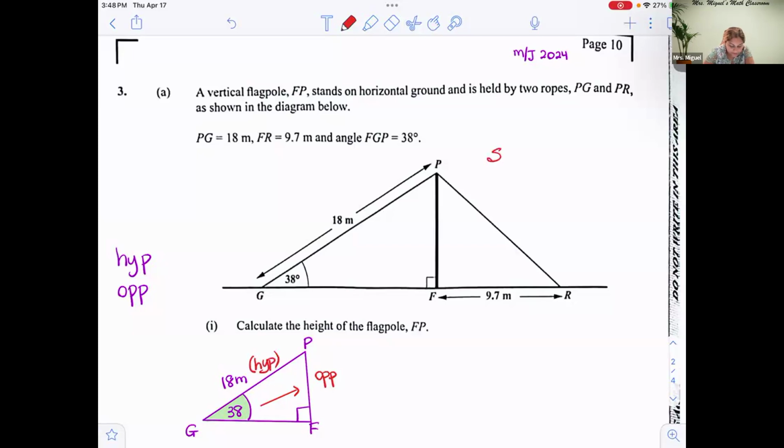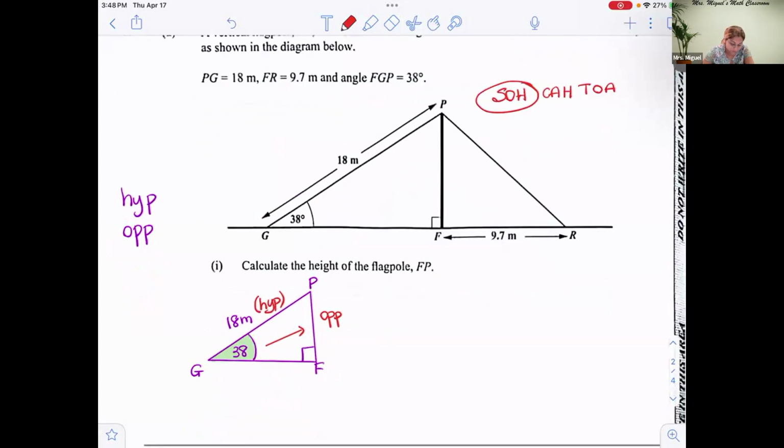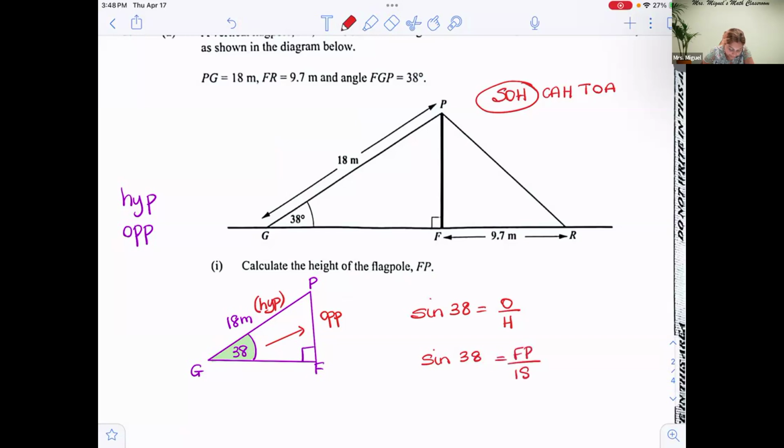So I am just going to list out my options. And seeing that I have O and H, I'm going to use sine. So sine of 38 degrees is equal to the opposite over the hypotenuse. So sine of 38 degrees is equal to FP over 18.